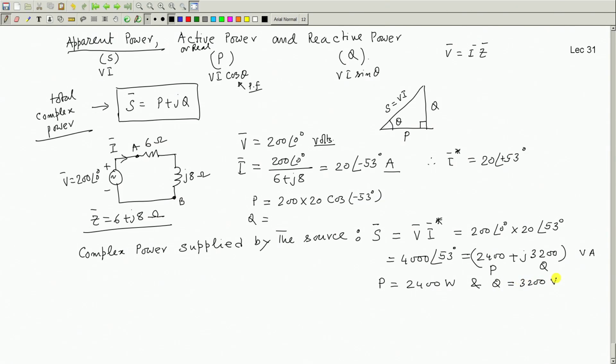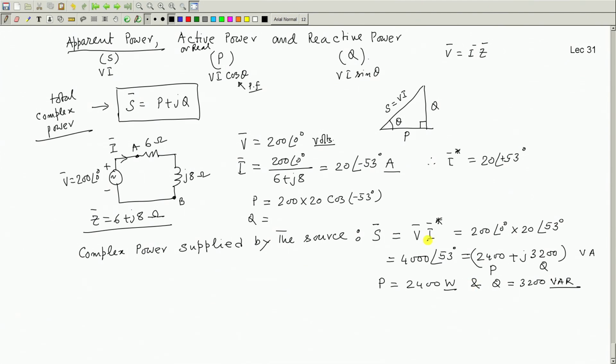This you write as volt ampere reactive. They are the same, that is watt only, but to distinguish it from the real power, people invented another term, reactive power, so that we do not mix up the things.